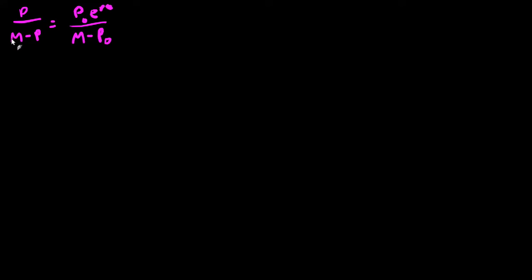So I'm going to multiply both sides by (M - P), and when this distributes, I will get P equals M P naught e to the rt over (M - P naught) minus P times this stuff. I'm going to leave it separate because I'm going to have to factor it out shortly anyway.